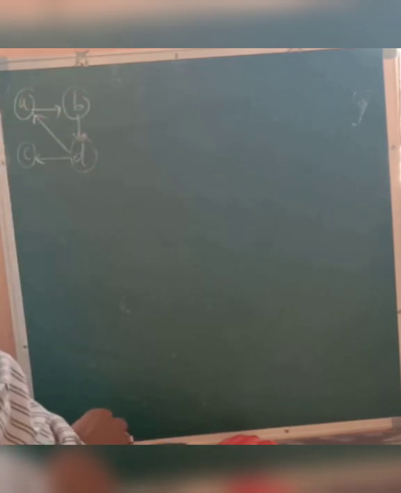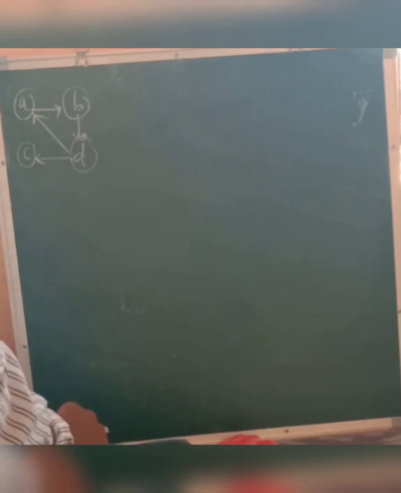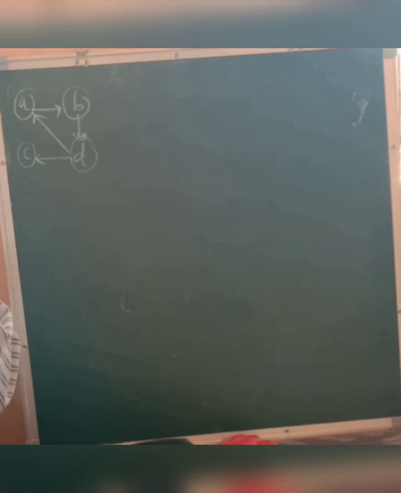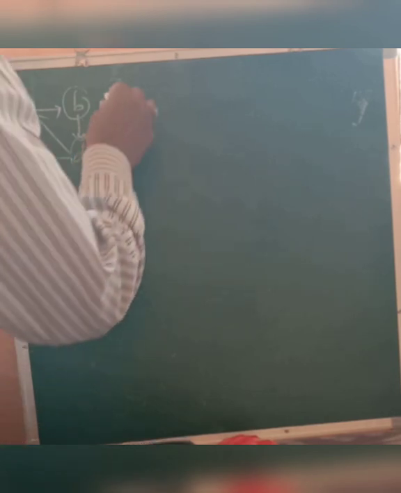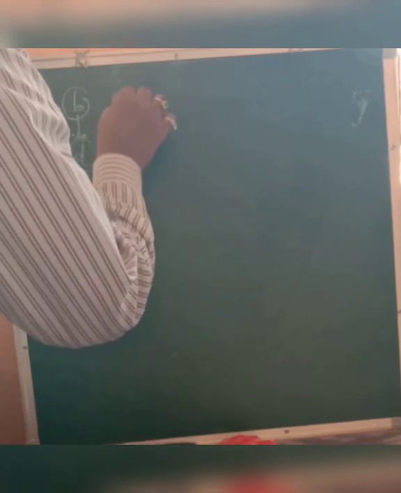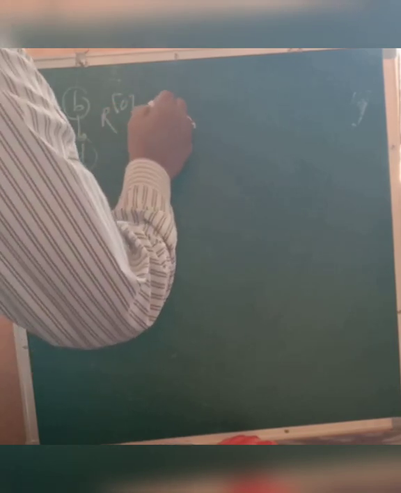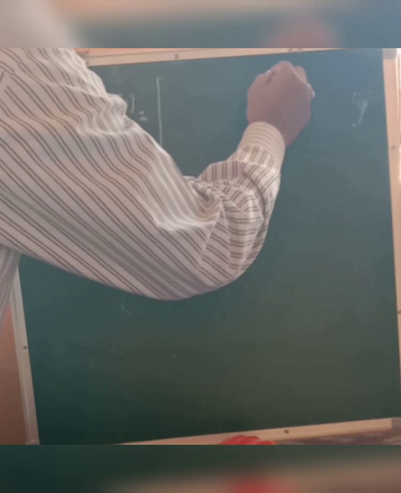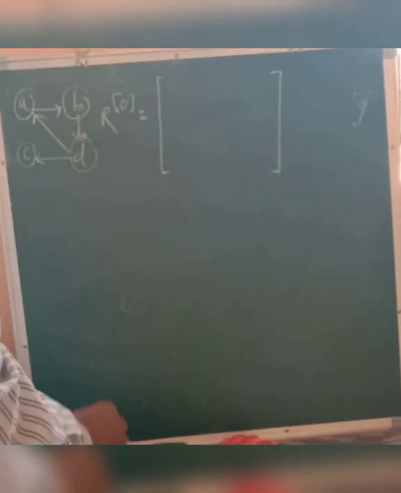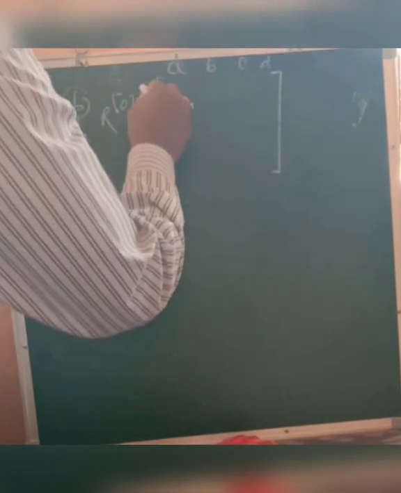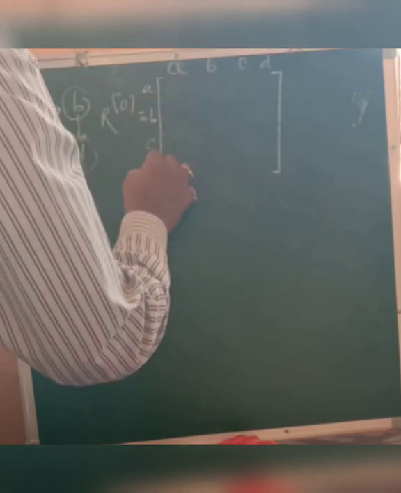I will write R0 first, the recurrence number 0 matrix. This will be the first matrix, with A, B, C, and D.